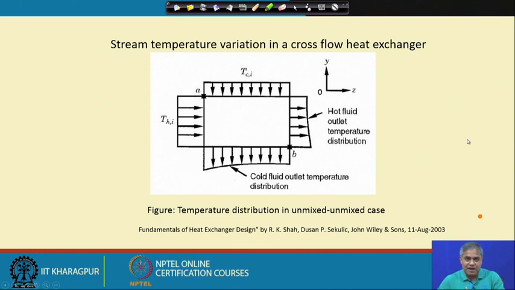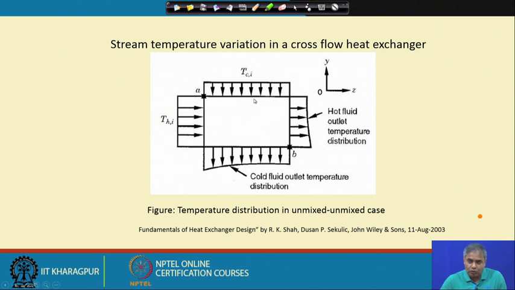So, in the previous slide what we can see is that there is a temperature difference when the fluid is coming out. On this side the hot fluid will be cold, and on this side the hot fluid will not be that cold. This difference we can reduce a little bit. Let us say somewhere in between in the heat exchanger, the hot fluid will be colder on this side.